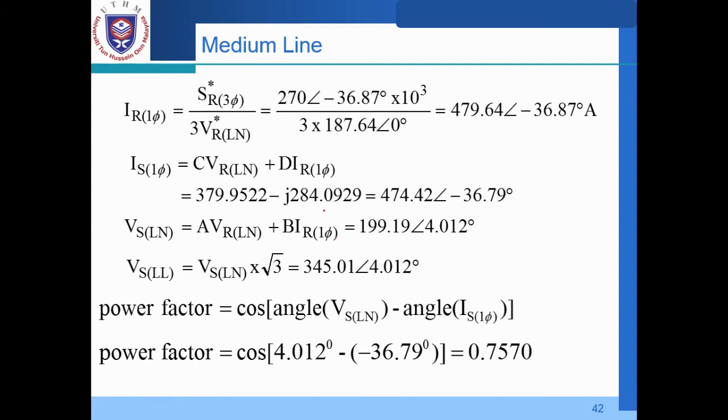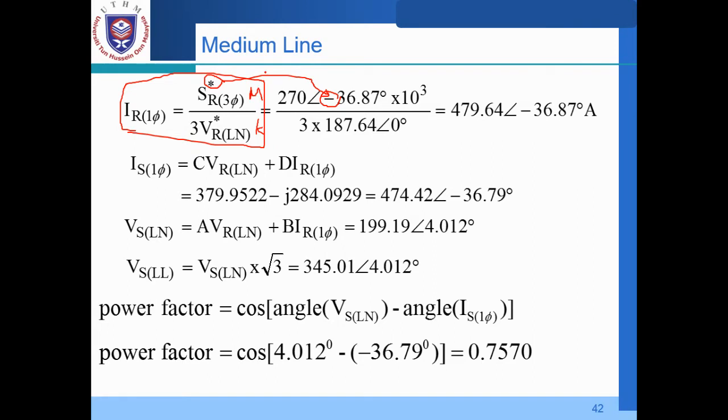Then here is the IR, the per phase receiving current, with the equation: conjugate of SR over 3 times the conjugate of VR. So 270, remember the conjugate expression symbol. Make sure now we have the negative value of angle. So over 3 multiplied by 187.64, this is actually in kV, and the 270 is in mega.